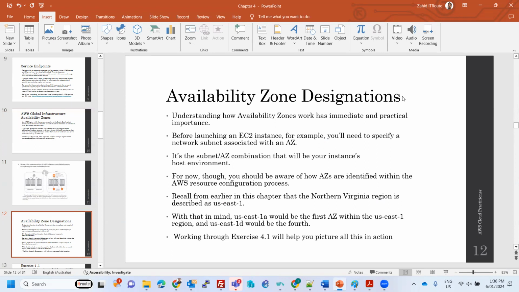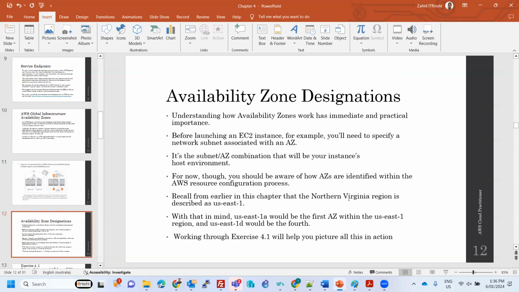Now, availability zone designation. So understand how availability works. Immediate and practical: before launching an instance, you choose a subnet associated with an AZ. The subnet is a combination of instances hosted. For now, you should be aware of how AZs are identified in this resource configuration process.